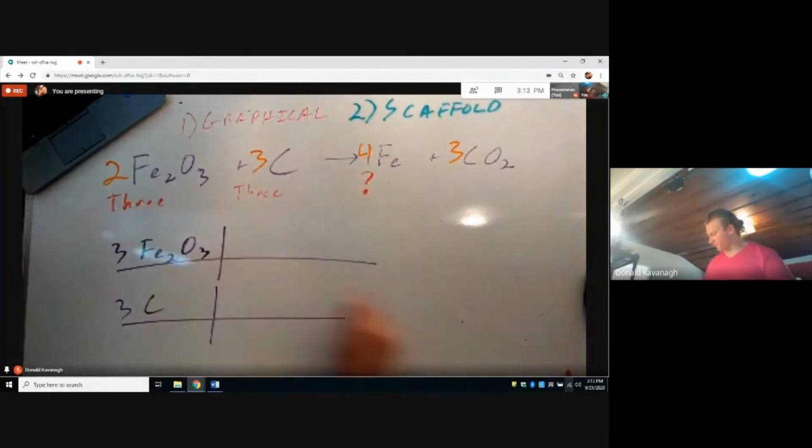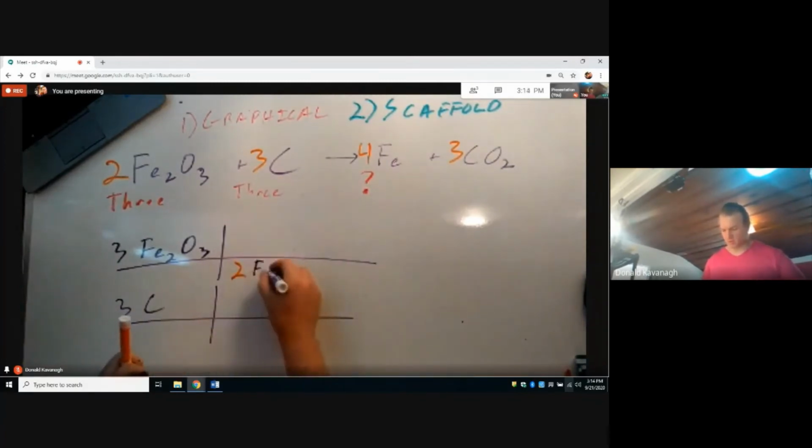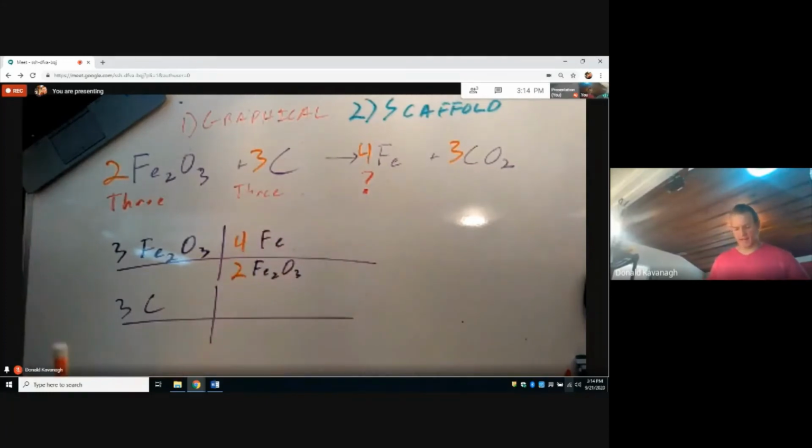In our scaffold, we'll put the 2 from the balanced chemical reaction downtown, and the only place for this to go is up top. Words cancel.